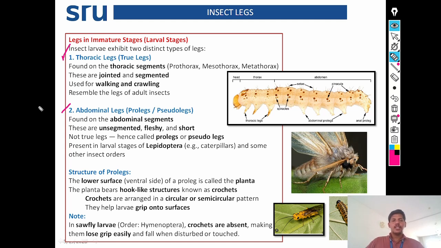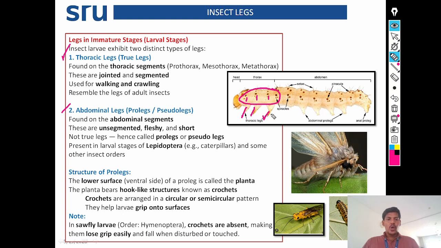Thoracic legs are also known as true legs because these legs come into the adult stage. Thoracic legs are found on the three thoracic segments. See here, first, second, third thoracic segment. Each thoracic segment has a pair of legs, the thoracic legs or true legs.